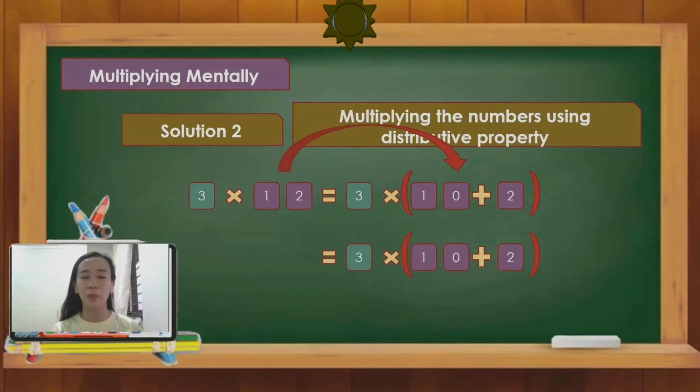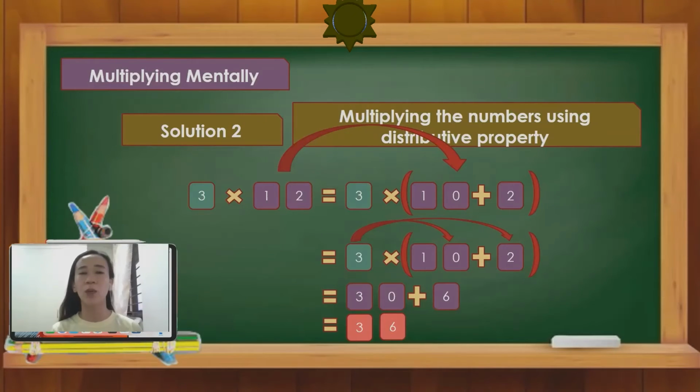Next, we will distribute. 3 times 10 is 30. And then 3 times 2 is 6. 30 plus 6 is 36. So whichever you like best, solution 1 or solution 2, it's up to you, as long as you will be able to solve mentally these kinds of multiplicand and multiplier.